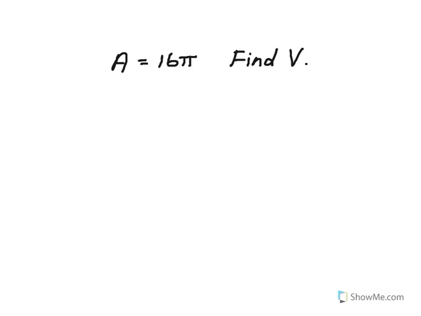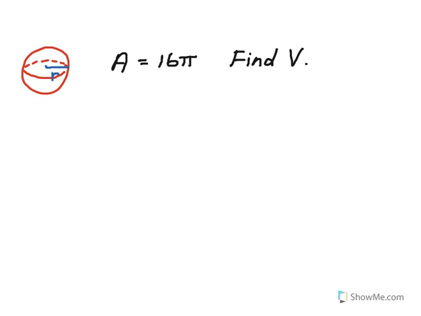So in a quick little example working with some algebra, let's say that I have a sphere, and the surface area of this sphere is 16 pi, and you are asked to find the volume. All you really need to know always in all of these is the length of the radius, r.